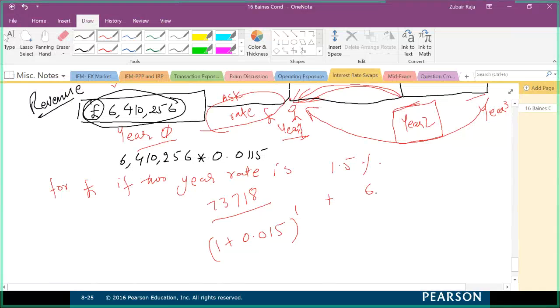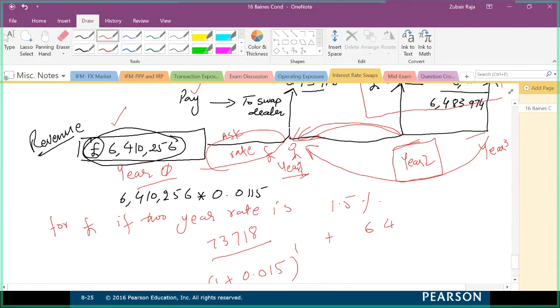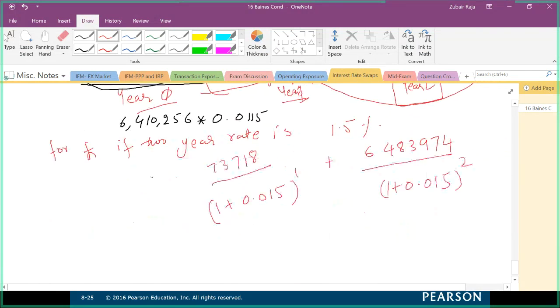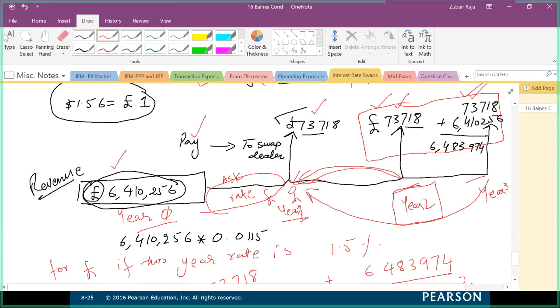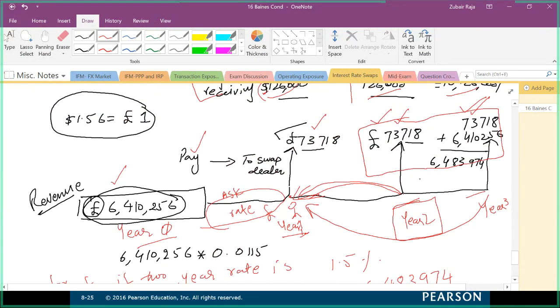So 6,483,974 whole divided by 1 plus 0.015 raised to the power 2. Now do this calculation. This will give you the present value of all these two future cash flows which the party had to make to the swap dealer.